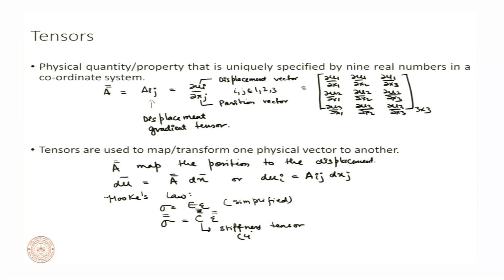So this is a 4th order tensor which maps a 2nd order tensor, that is the stress tensor, to another second order tensor, that is the strain tensor.